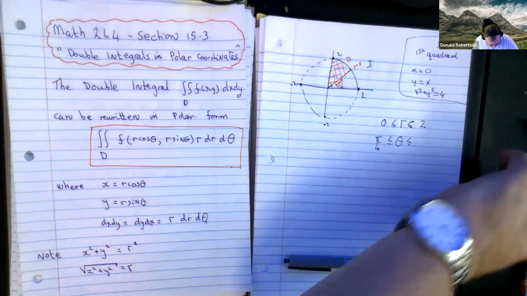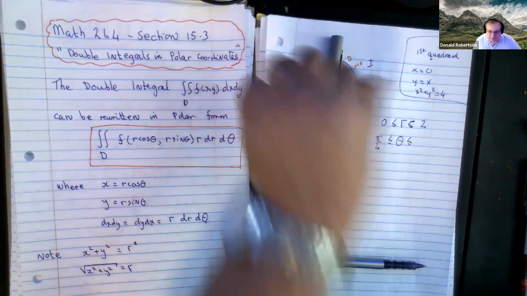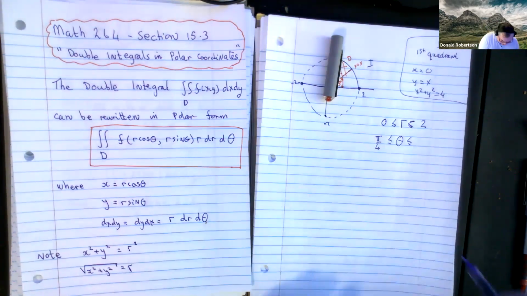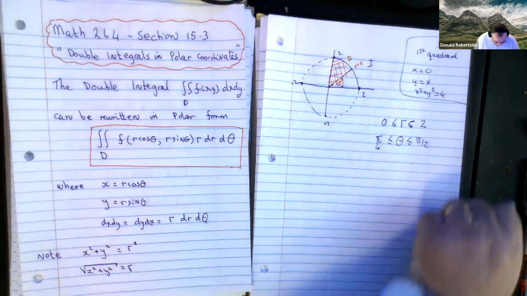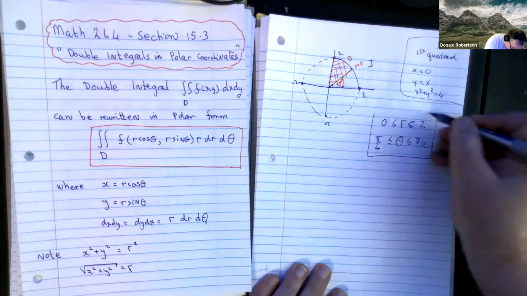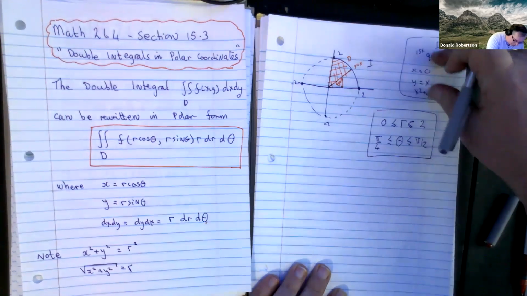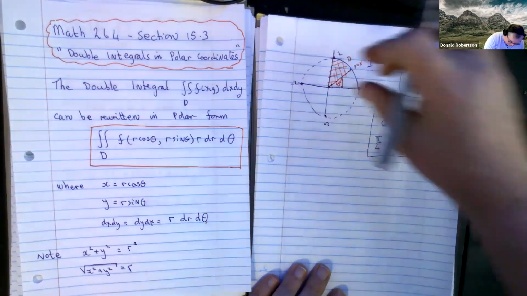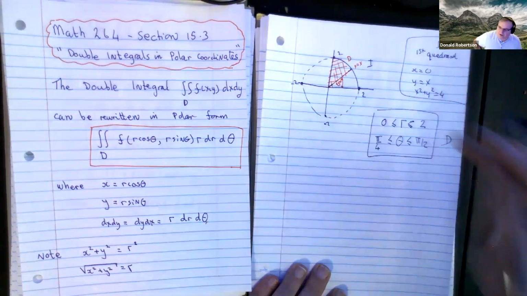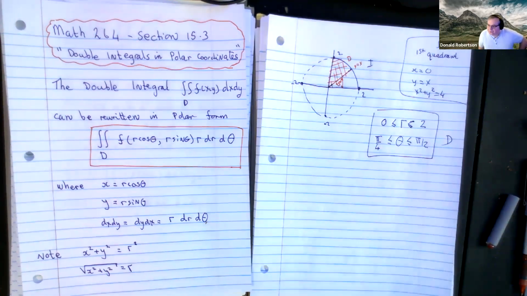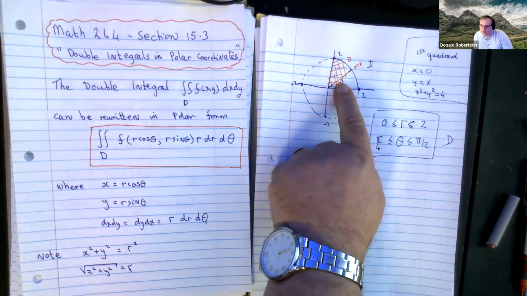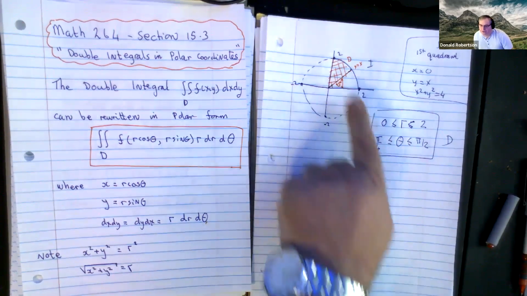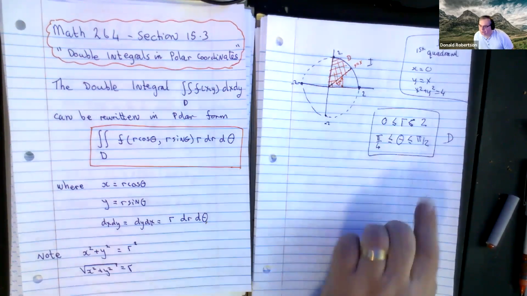It then finishes here, and that angle is 90 degrees, or in radians, pi upon 2. Are you comfortable about how from here we drew that, and from that picture we got the limits of integration? Is there anything about, here's the story, this is what it looks like, how do you describe this using r and theta, right? We good?